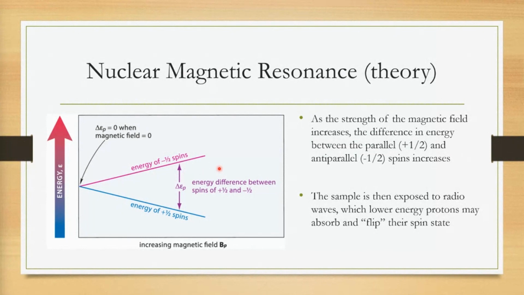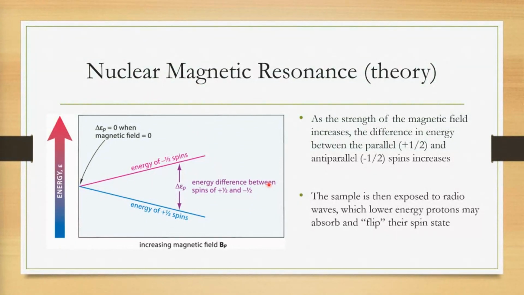So in this way, it's very similar to the other analysis techniques we've looked at, where molecules will absorb energy of a certain wavelength, and we detect the energy that is absorbed, or really the energy that's not absorbed, and that tells us what the molecule does absorb.